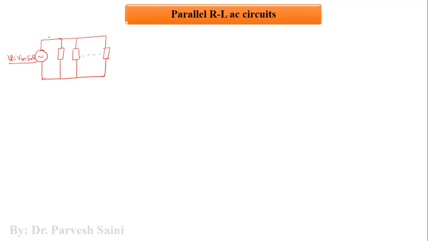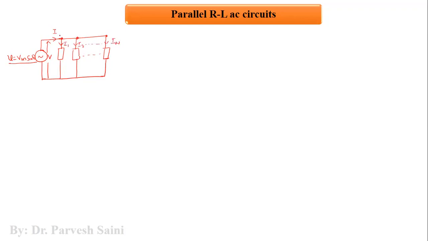Now, if capital V is the RMS voltage and capital I is the RMS current, this current will divide into all the branches. Let us say this is I1, this is I2, and this is, for example, IN.